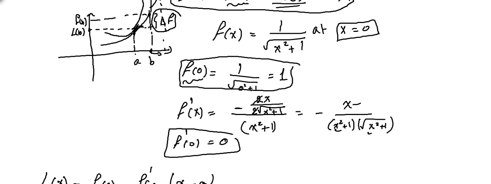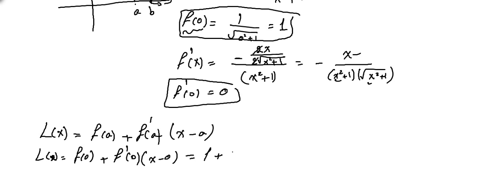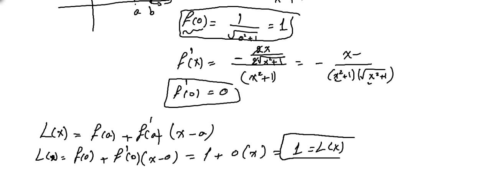Let me take these values: L of x is f of 0 plus f prime of 0 into x minus 0. So it will be equal to 1 plus 0 into x, which is equal to 1. This is my L of x.